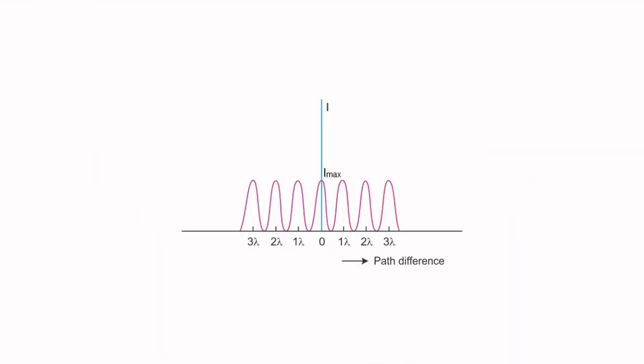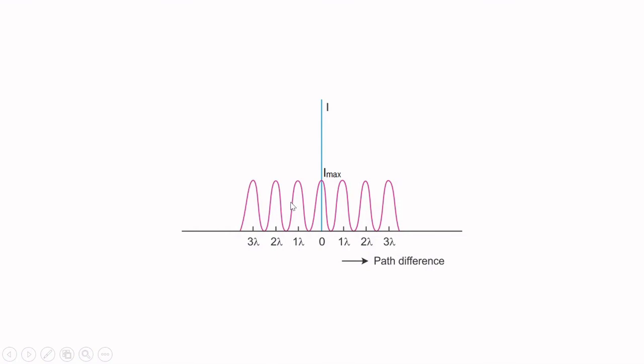Intensity of interference fringes with path difference is plotted in this graph. This graph shows that the intensity I maximum is the same for all the wavelengths. That means whether it is a dark point, the darkness intensity is the same, as well as for the brightness, it stands at the sustained level only.